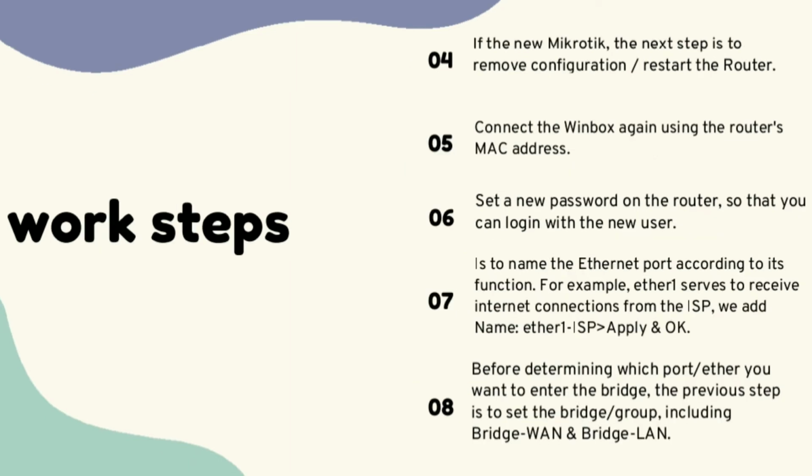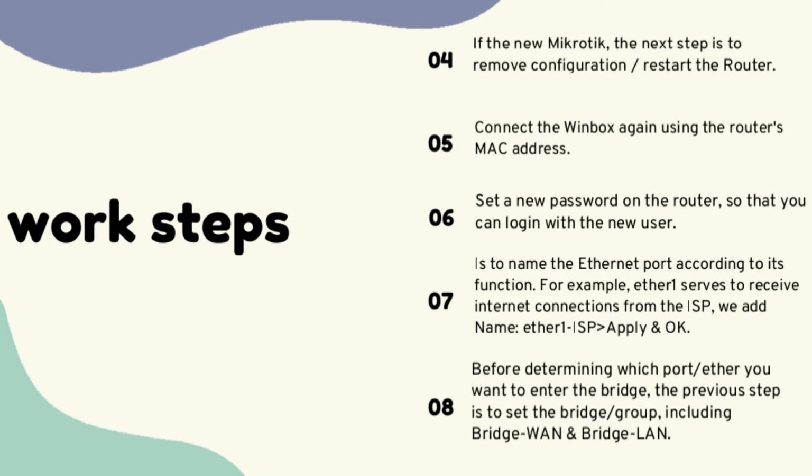We will log in via MAC address, admin login, no password, and connect. Okay, the next step is a slide about the work steps. Fourth, if it is a new Mikrotik, the next step is to remove the configuration or restart the router. Fifth, connect Winbox again using the router's MAC address. Sixth, set a new password on the router so that you can log in with the new user.